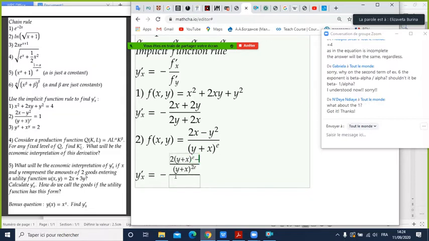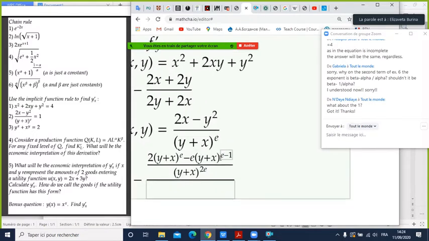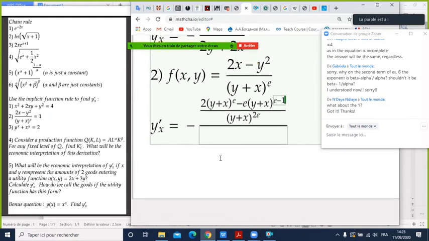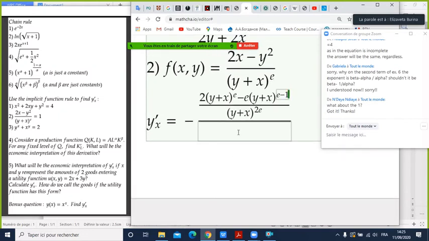Then we do minus the derivative of the denominator now with respect to x, that will be e times y plus x to the power e minus 1. Perfect. Great, so we're done with the numerator.